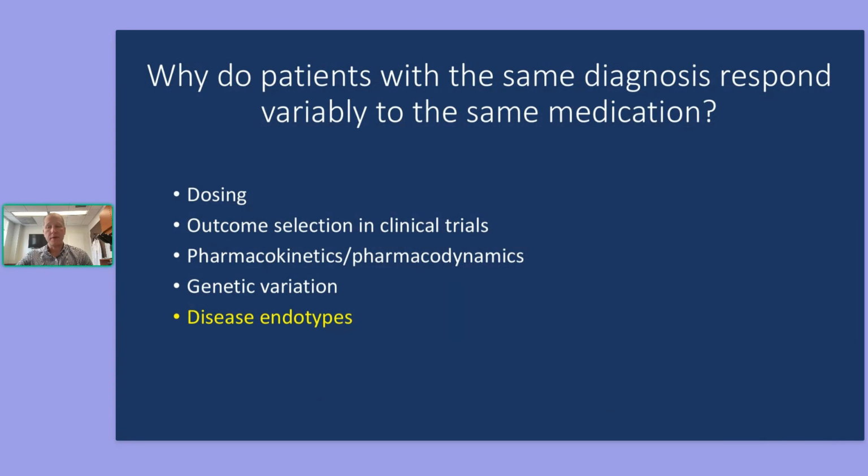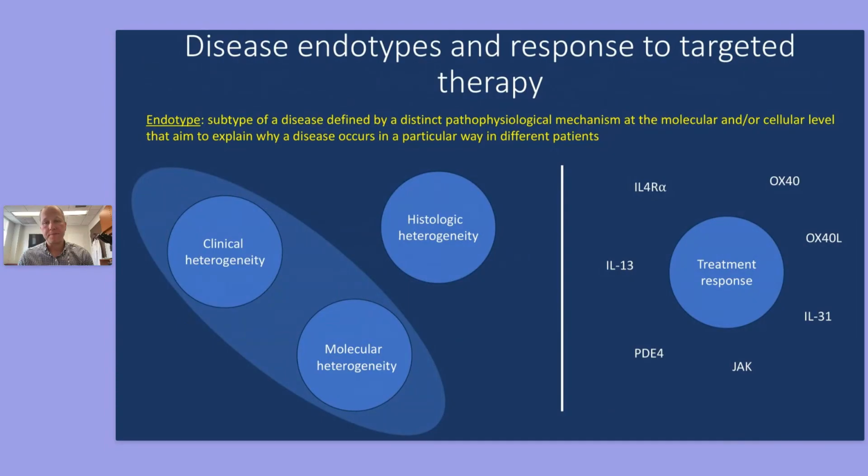But what I want to focus on today is this concept of disease endotypes. What are disease endotypes? The way that I define them, a disease endotype is a subtype of disease defined by a distinct pathophysiological mechanism at the molecular and/or cellular level. They aim to explain why disease occurs in a particular way in different patients.